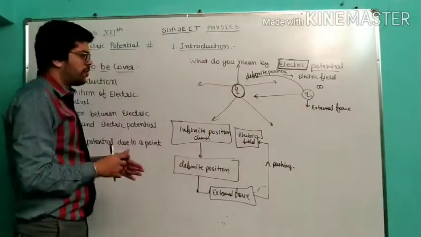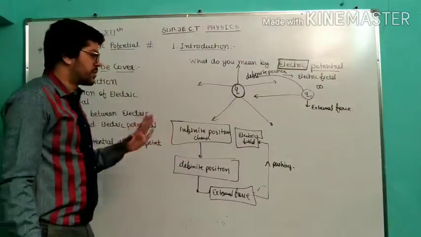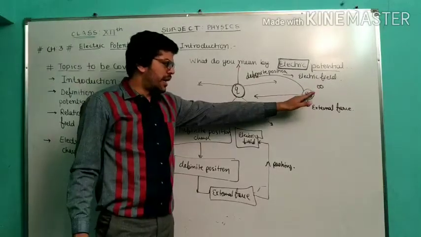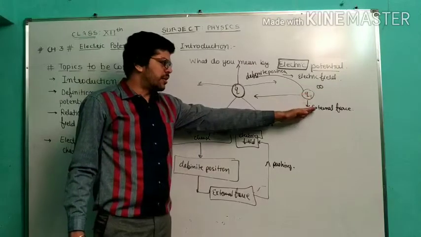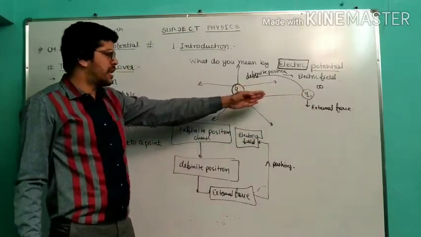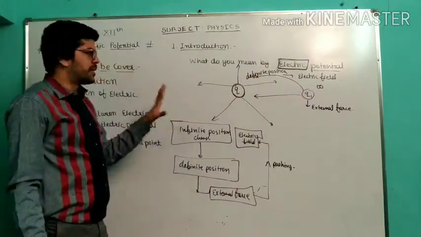So this whole process is called electric potential. I hope you understood the introduction. In short, we are bringing the infinite charge towards the definite position with the help of external force. For this we have to do the work done per unit charge, which is called electric potential. So hopefully you understood the basic understanding.